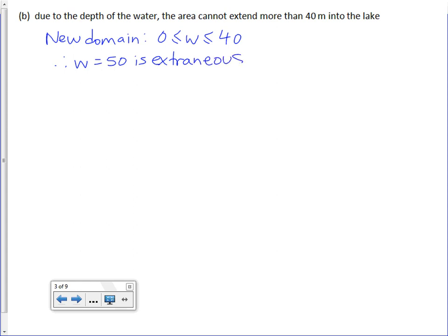Does that mean, okay, so I cannot put the rope out, I'm done, no swimming here? It doesn't mean that. It means that I just have a different max. The max is no longer going to be where a horizontal tangent is. Now I have to focus in on the endpoints.